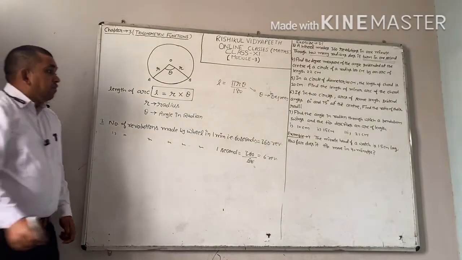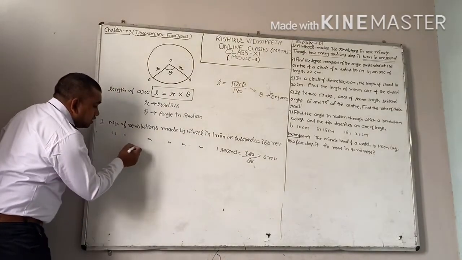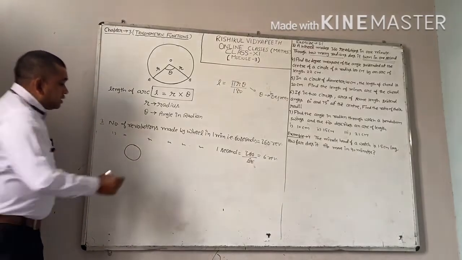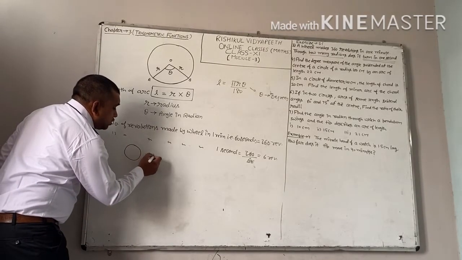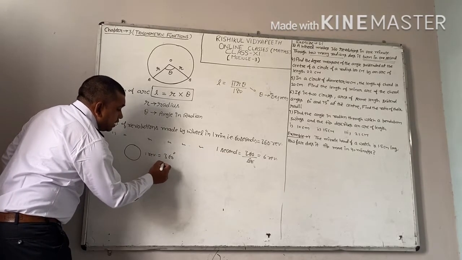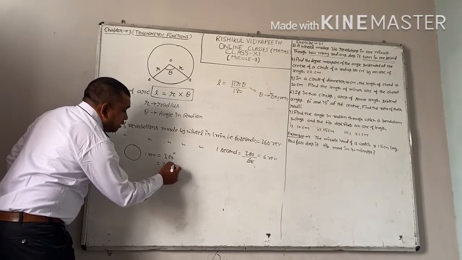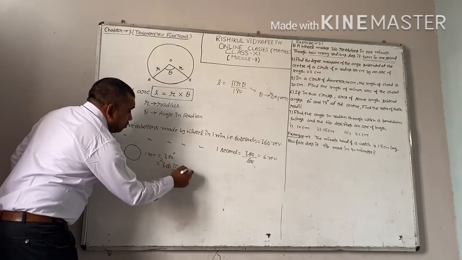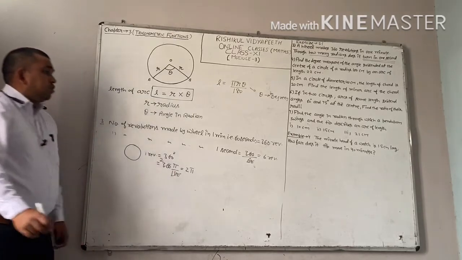And we know that one complete revolution is 360 degrees. And you can easily convert this degree into radian by multiplying by pi upon 180. This is your 2 pi. Means one revolution equals 2 pi.